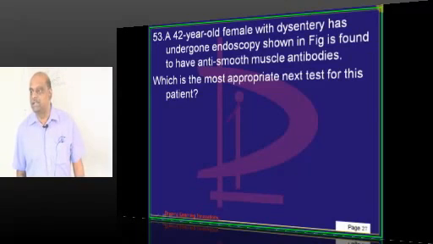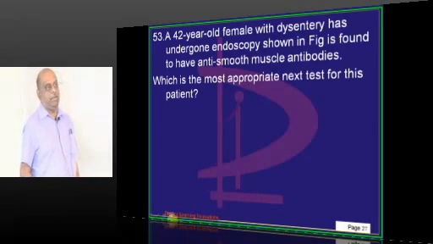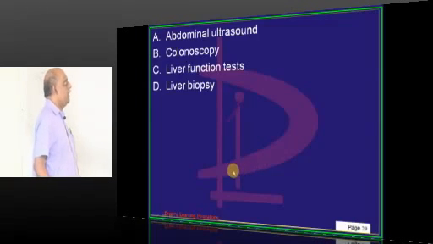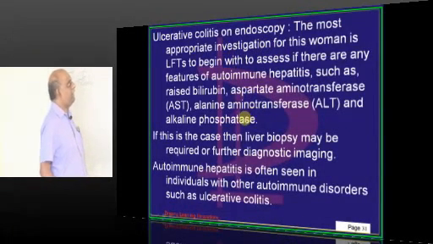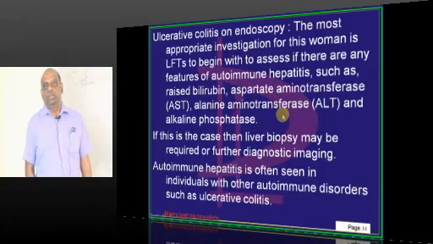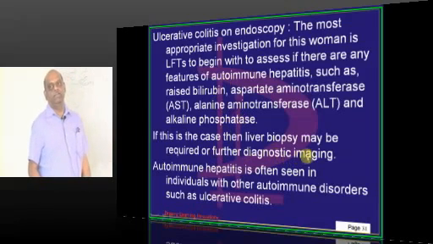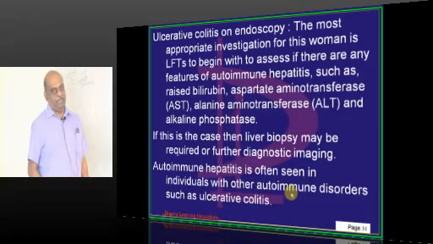Autoimmune hepatitis is what you need to suspect. It is one of the important serological markers. That's the reason you need to do a liver function test in order to look for the possibility of autoimmune hepatitis, is what I want to underscore. So you will have elevated AST, ALT, bilirubin, alkaline phosphatase along with anti-smooth muscle antibodies in an inflammatory bowel disease patient.